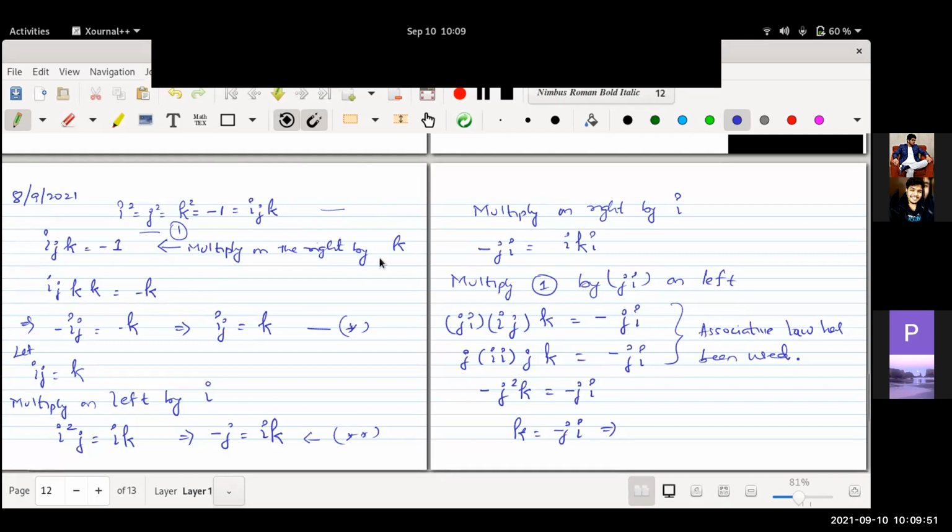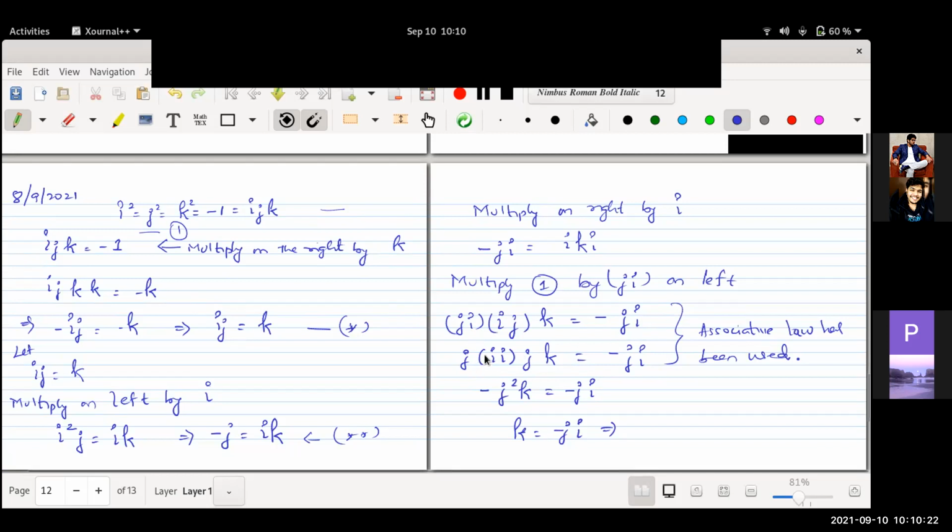Sorry. If you look at the right hand side, that is where I have discussed that ijk equals -1 is the basic assumption we make. And then you multiply on the left hand side by j and i. So we are already using the associative law for multiplication, where we open up these braces and then we get j into ijk equals minus ji on the right hand side.